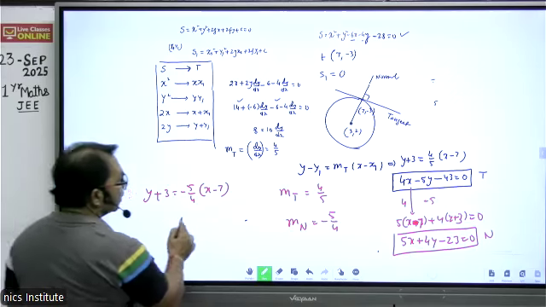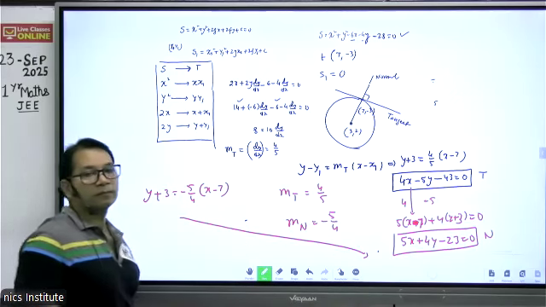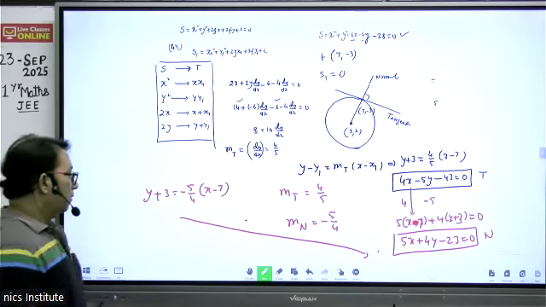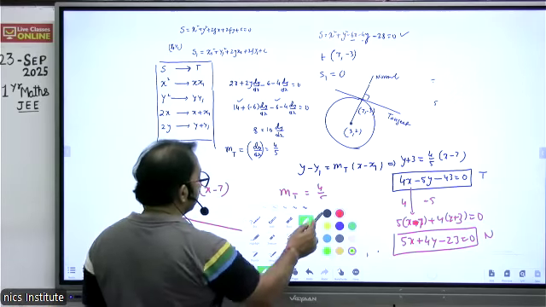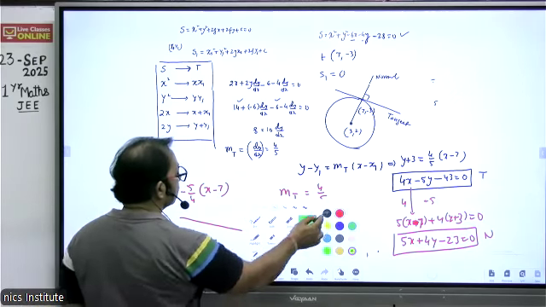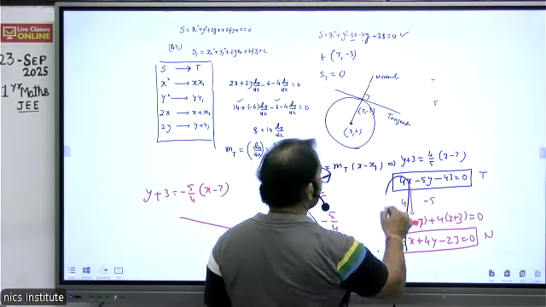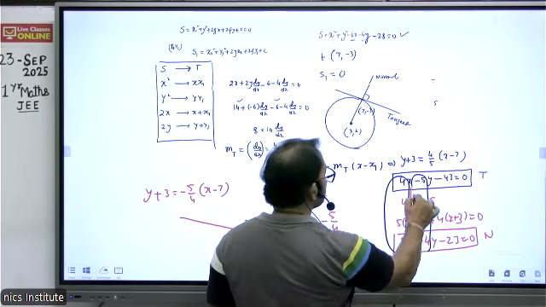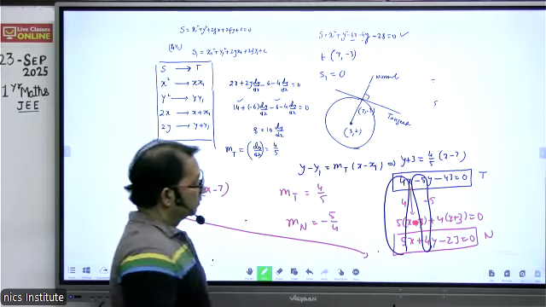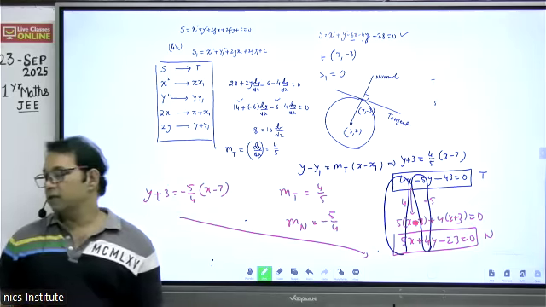So even this will give you the same answer. One more thing. If two lines are perpendicular, you can verify it also, that this number into this number, plus this number into this number would be always 0. 20 minus 20 is 0.